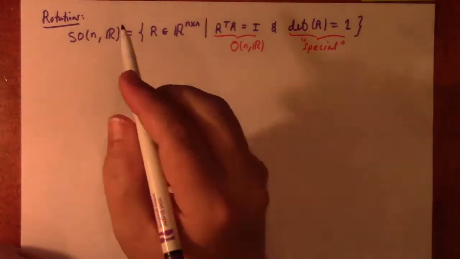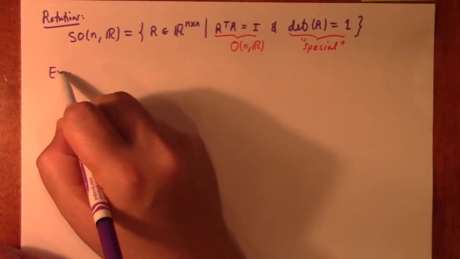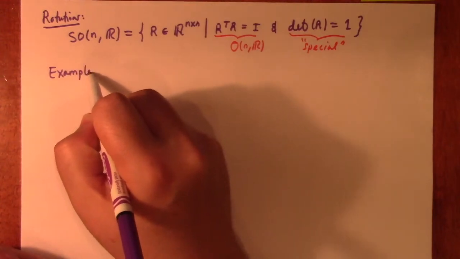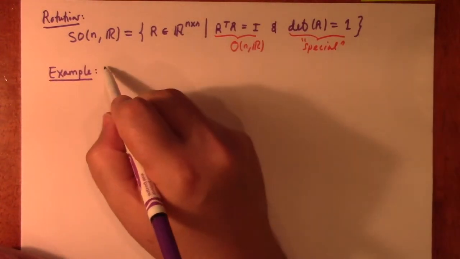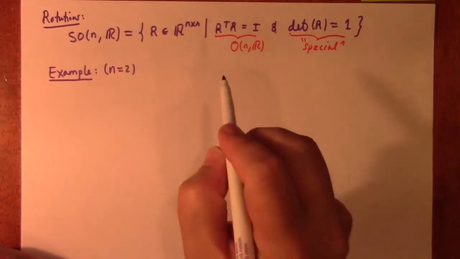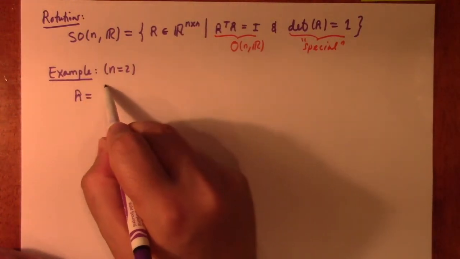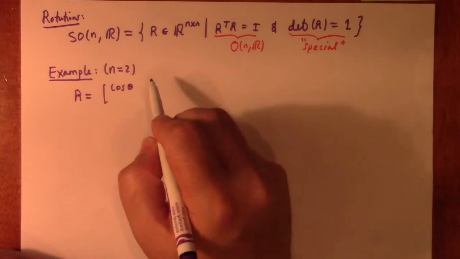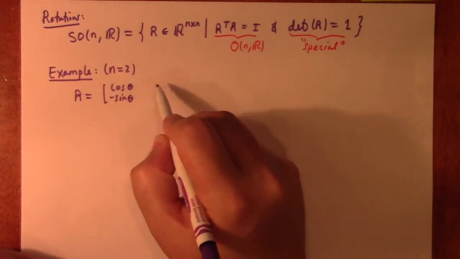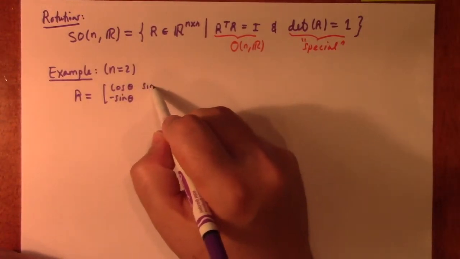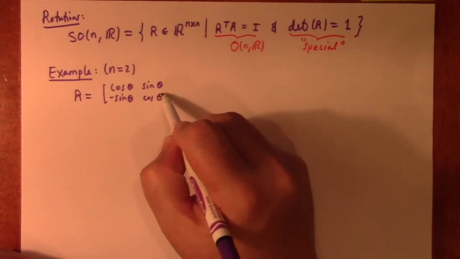And in particular, for example, we've already seen this for n equals 2. For n equals 2, we had something like R equals cosine theta, minus sine theta, sine theta, cosine theta, right?